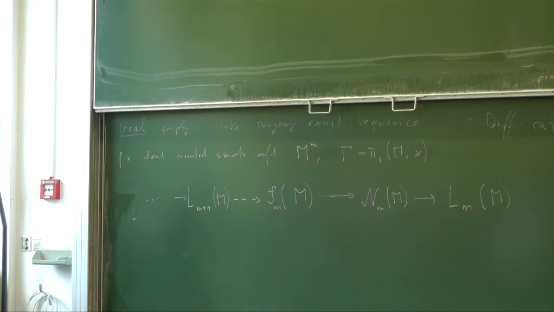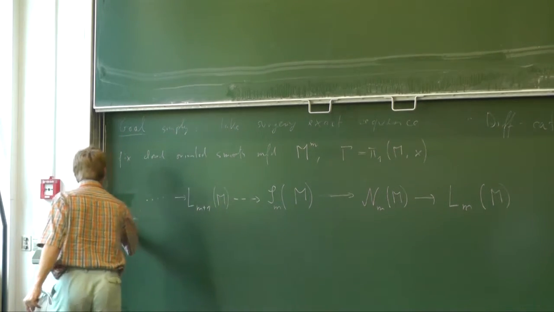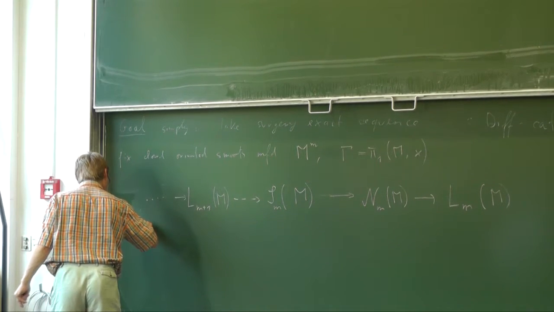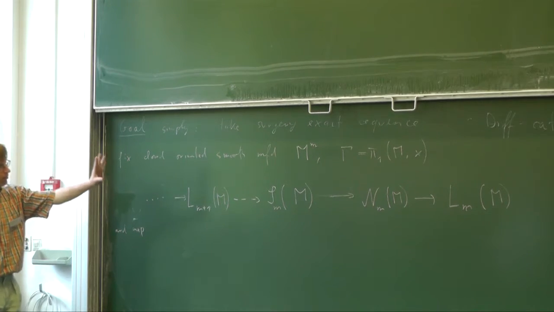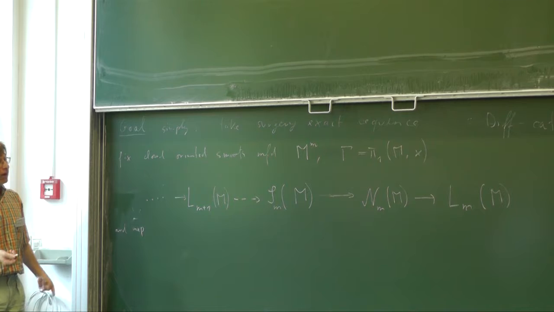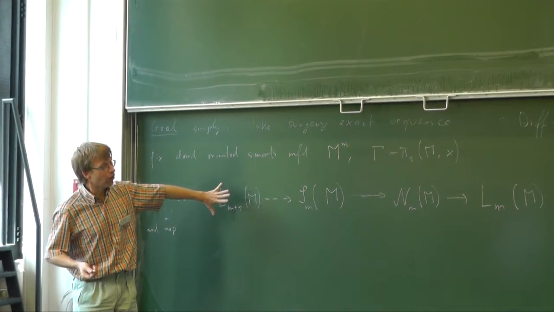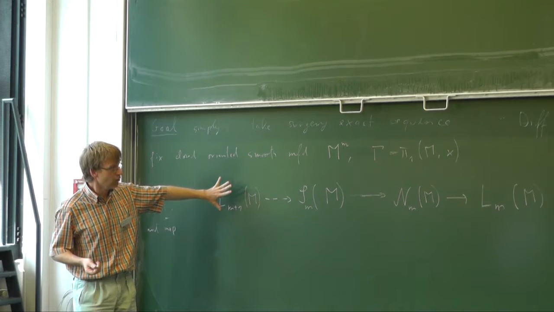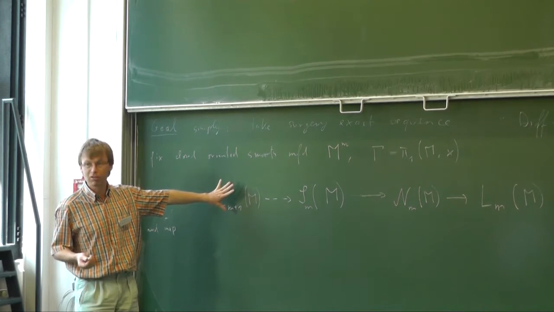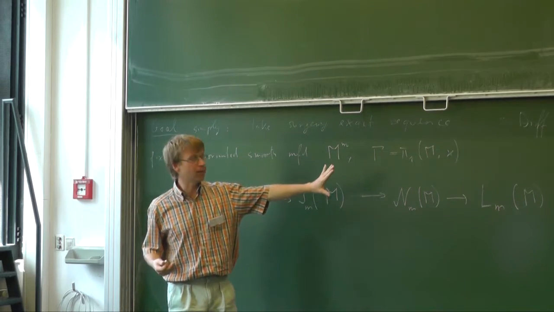Okay, so the goal is to take this surgery exact sequence and map it as an exact sequence to something else which we have some information about. I don't know whether we learn so much new about it which we couldn't learn also by looking at the surgery sequence, because there's quite a lot we can say about that.